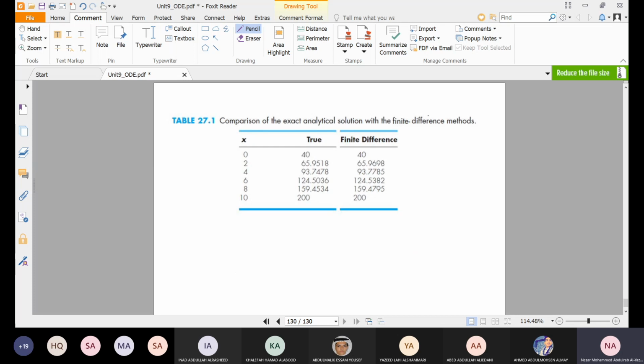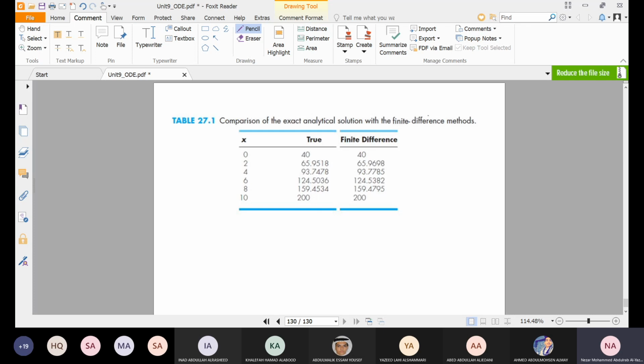about the boundary problems, and here is a comparison of the exact solution with the finite divided difference method for different values of x. You can see how accurate this method is. For example, when x equals 0, the true value is 40, and the approximation is 40. That means we are at t0.